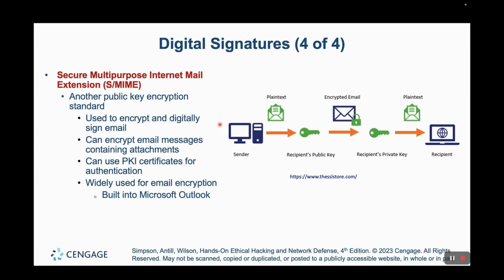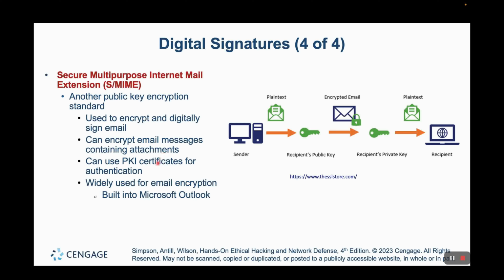Now, finally, here we have the Secure Multipurpose Internet Mail Extensions. This is another type of public key encryption standard. It focuses on basically encrypting and digitally signing email, and can also encrypt attachments as well.